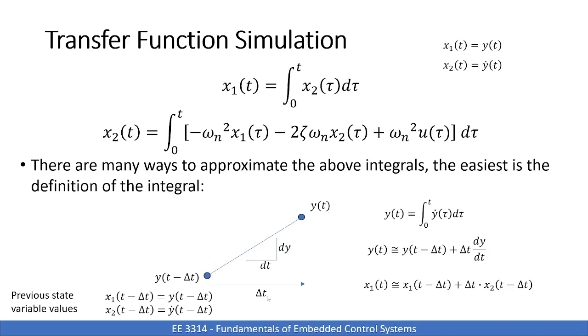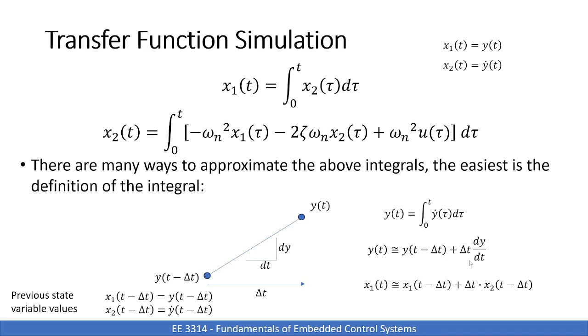So the slope times the amount of time gives us the new value. In this case, if you reverse that, y of t is equal to the integral of the slope of that function, but now we have to include that initial condition. So y of t is approximately equal to our previous value of y plus delta t times the slope, which is going to be the y dot.